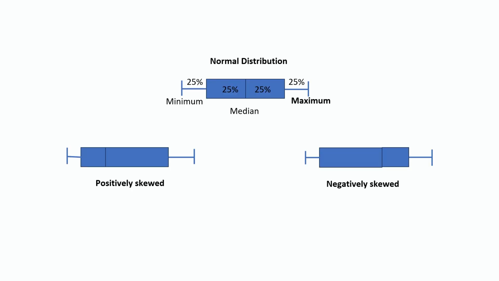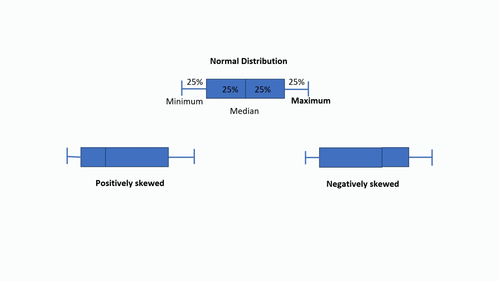Here we can find a box plot, and the first one I have shown is normally distributed data where between the minimum and Q1 the data will be around 25%, from Q1 to median it will be 25%, from median to Q3 that will be 25%, and between Q3 and the maximum value that would be 25%.